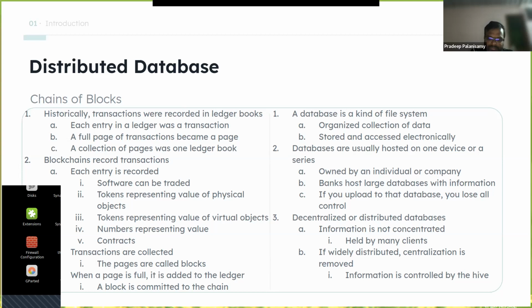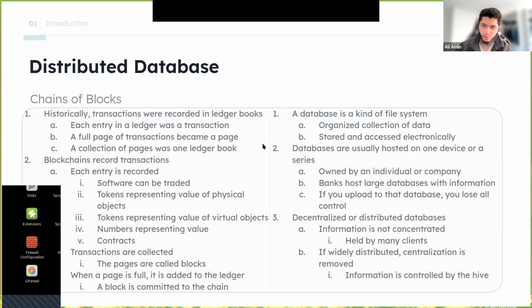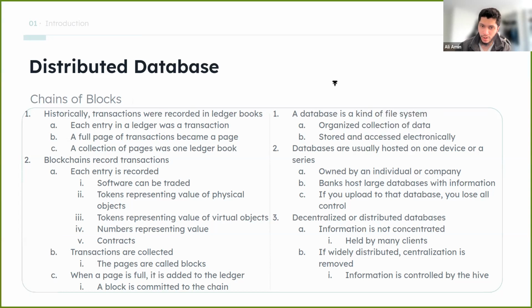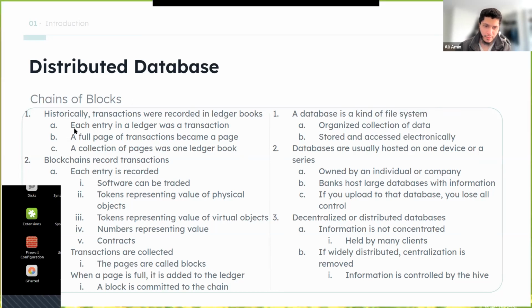A long time ago, whenever people had transactions, they recorded them in ledger books. They had these big books. When you walked into the bank, or you walked in to the person who was loaning you money, they had a big book, and they would write who gave what money, who saved what, who borrowed what, and so forth. Whenever they wrote in that, that's a transaction: Jim borrowed $500 from the bank.